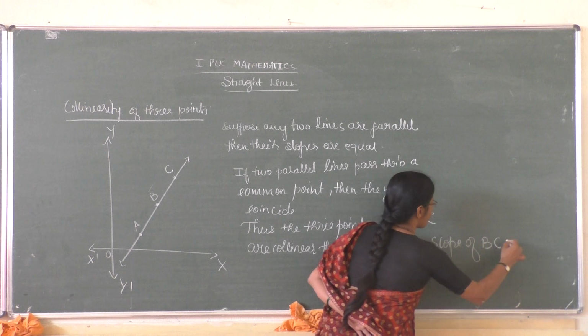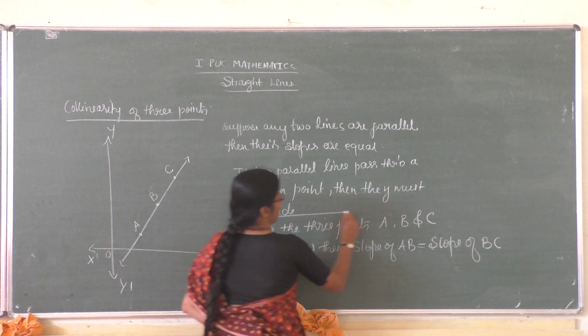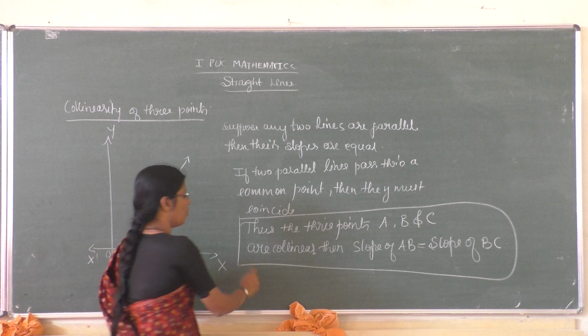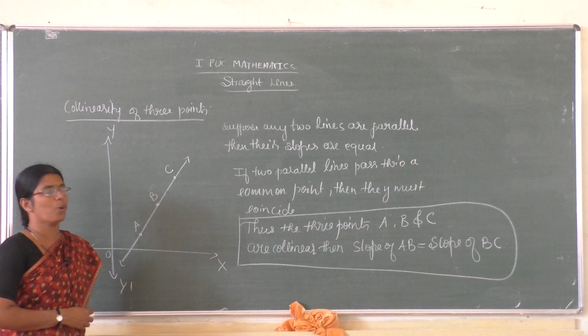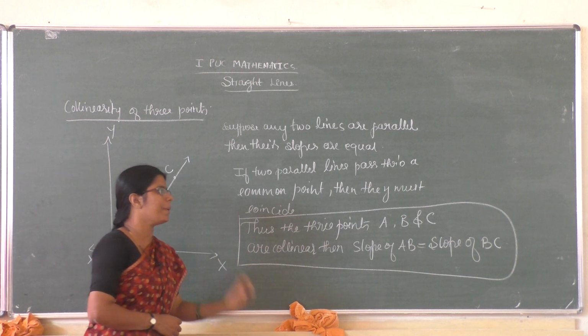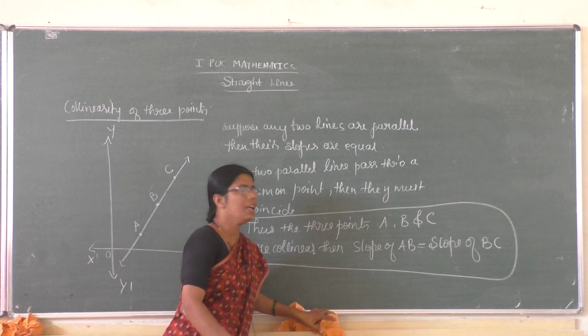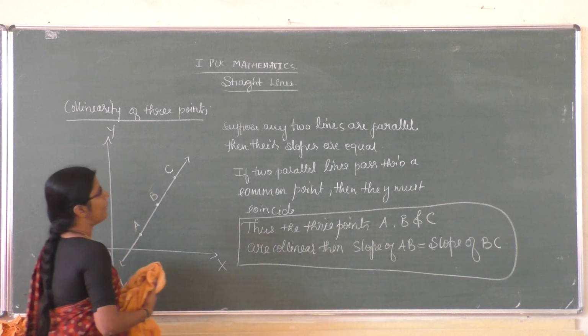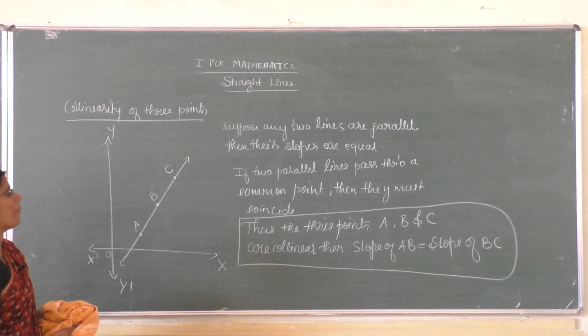One point should be common. This is how we get slope of AB equal to slope of BC. AB and BC, like that we can take. So this is about the collinearity of 3 points.